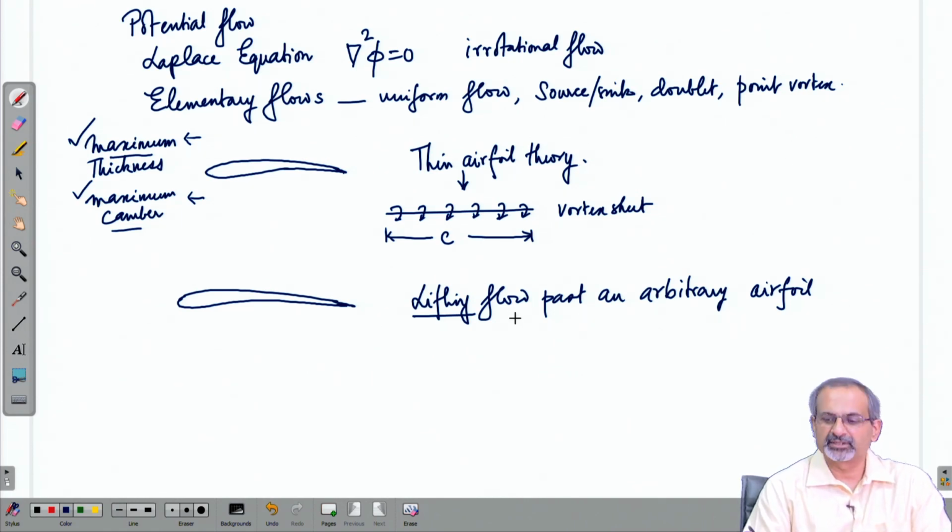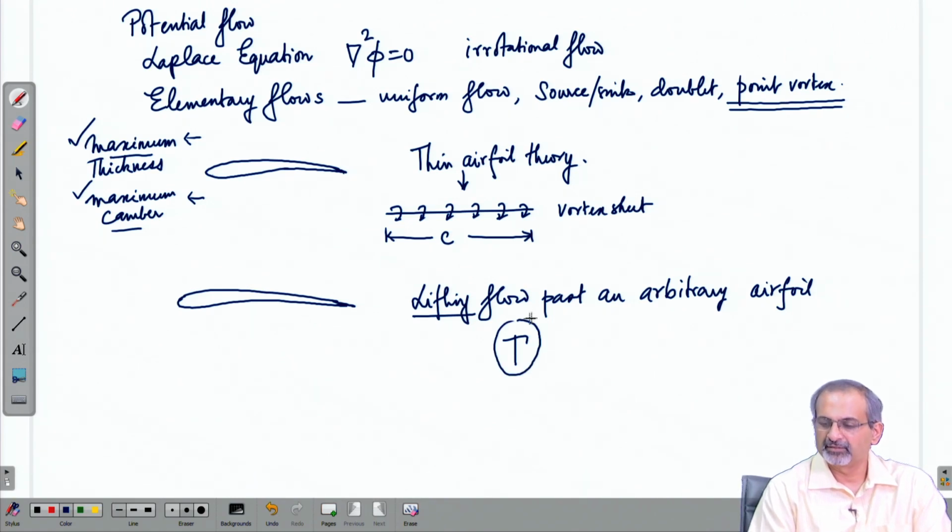In such a situation, you have a net circulation around the body, and we came to know earlier, when we were discussing elementary flows, that only the point vortex can help us do that. And then from the Kutta-Joukowski theorem, of course, you can show that the presence of gamma also ensures the presence of a lift acting on the airfoil.